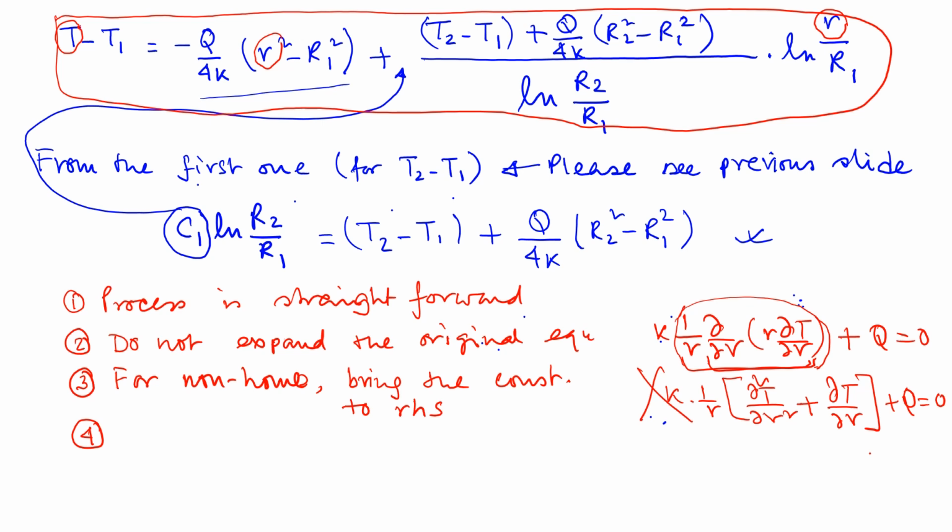By substituting T2 minus T1 and then T minus T1, from these two we eliminate a constant. That comes out a lot cleaner. So finally, to repeat, we have a solution for the non-homogeneous heat conduction equation in 1D in cylindrical coordinates. Thank you.